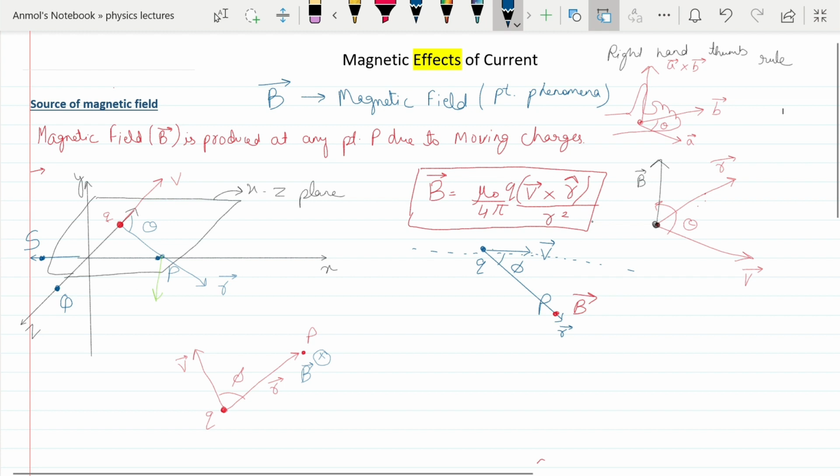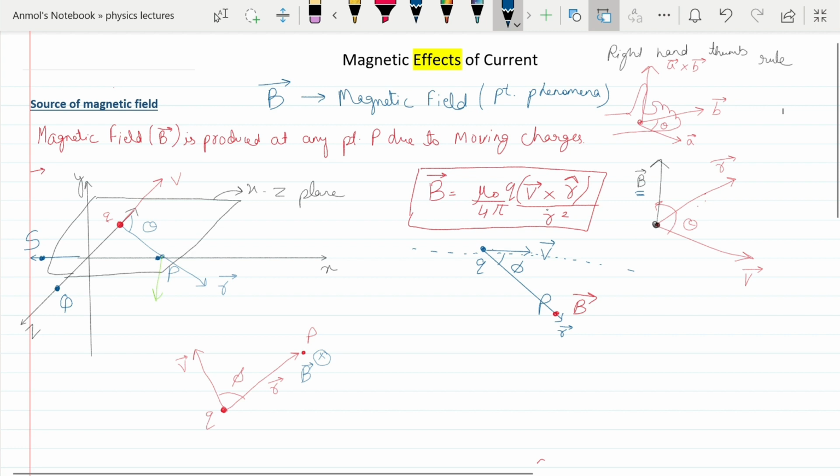So before we do this, I want you to know one term here, which is the cross product A cross B. We already know that, let's suppose you get the quantity B, the magnetic field, by the cross product of v and R. You can see it from here. So we say that v cross R will give you the magnetic field.